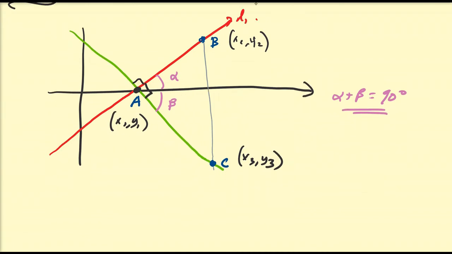Alright, so let's start naming our lines. This is going to be line 1, which we already assumed is y is equal to m1x plus b1. And also let's name this line here. Let's call this line 2, which is y is equal to m2x plus b2.